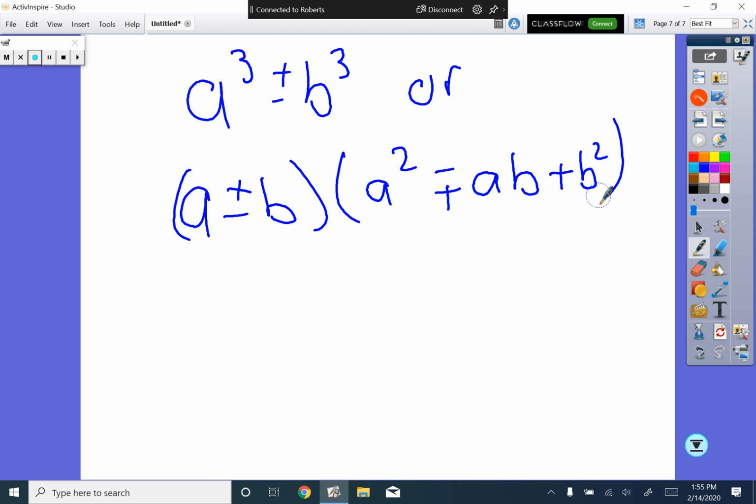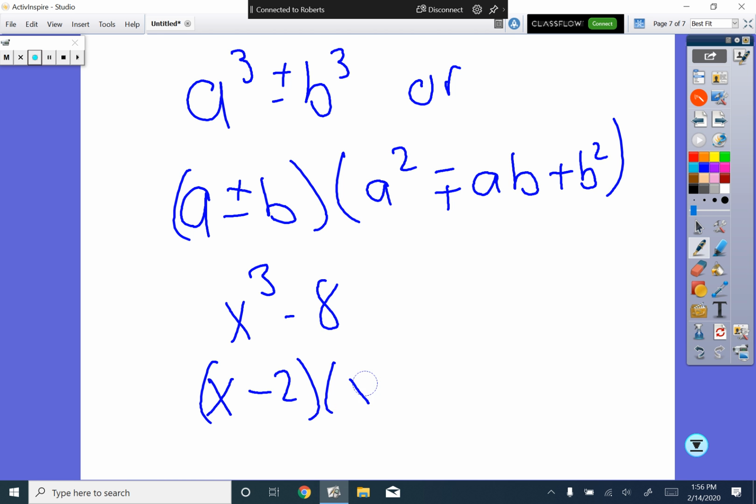Would you guys like an example of what it might look like? Something like x cubed minus 8. Are those numbers both cubed? So this would be x minus 2.